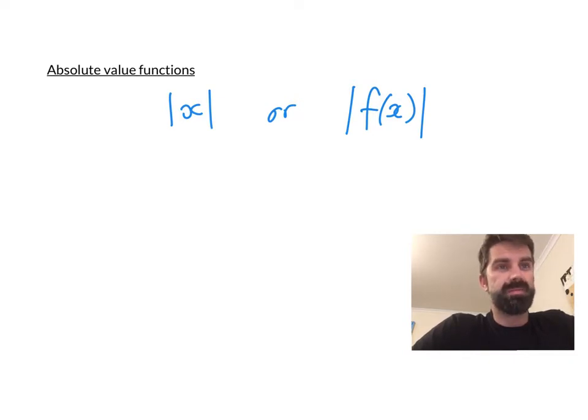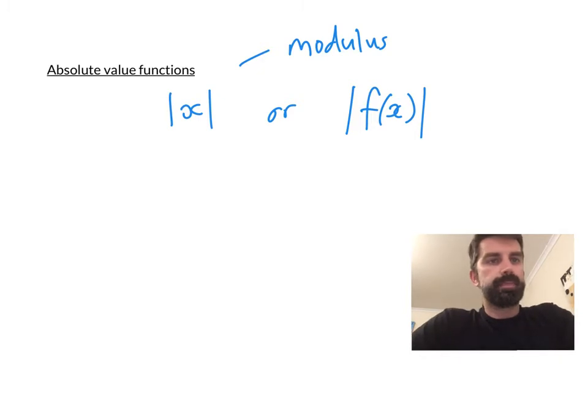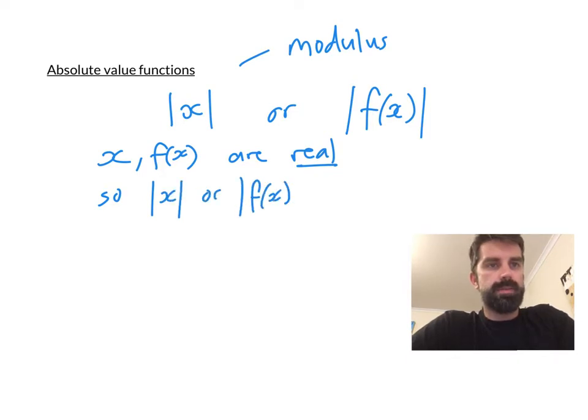We can also call them modulus, just like we did with complex numbers. And basically what we're talking about here is taking the modulus of a real number. So x or f of x in these cases are real.